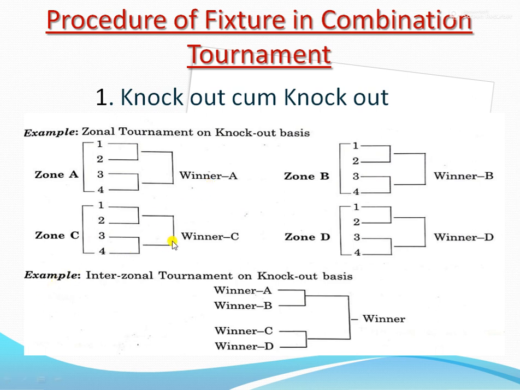Then they will play the main interzonal tournament. So we get 4 winners: winner of zone A, winner B, winner C and winner D. It means these 4 are the zonal winners. If they play again with the knockout format, that kind of tournament is known as knockout cum knockout tournament.